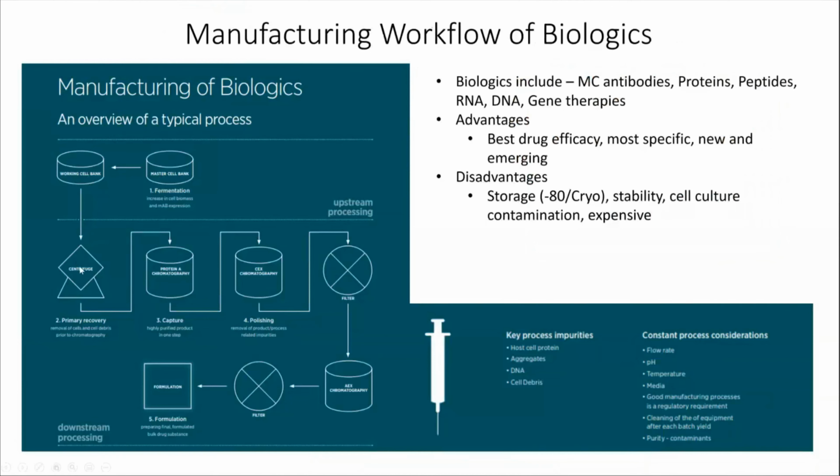Then you centrifuge down, kind of like you do for Western blot, you recover your proteins or your antibodies. You go through many stages of chromatography. So, chromatography is separation. You are doing maybe affinity chromatography, followed by size exclusion chromatography, followed by filtration processes, and again chromatography, more filtration, and then formulation.